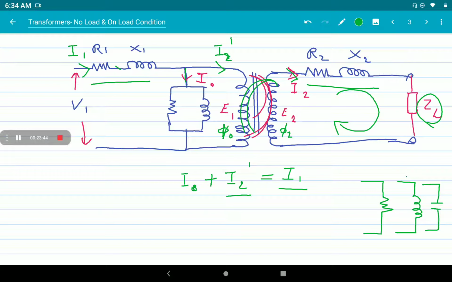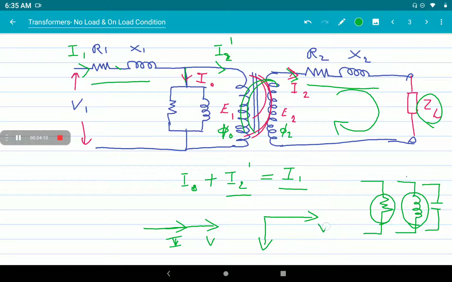നമുക്കറിയാം if it is a resistive load, voltage current relationship എങ്ങനെയാ വരിക? Voltage and current are in phase എന്നാണ് നമ്മൾ represent ചെയ്യാൻ. If it is a resistive load, we represent voltage and current are in phase. If it is an inductive load ആണെങ്കിലോ, if it is a pure inductive load, voltage and current are lagging.